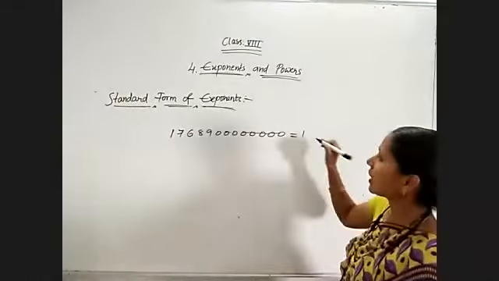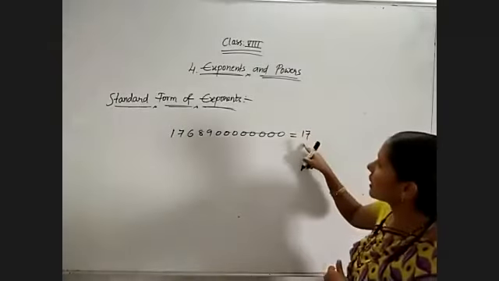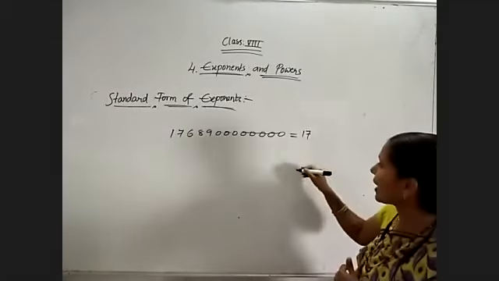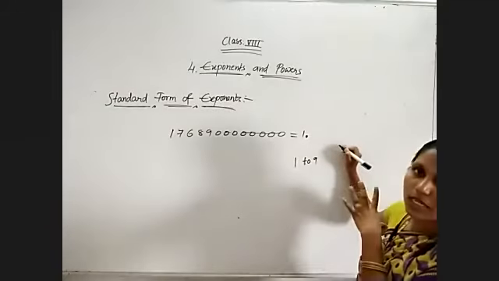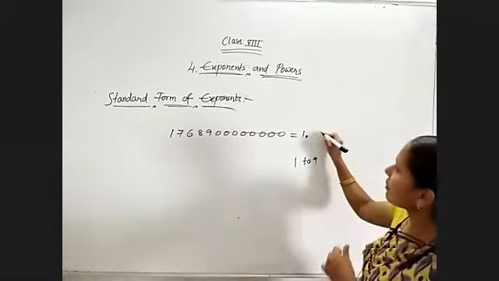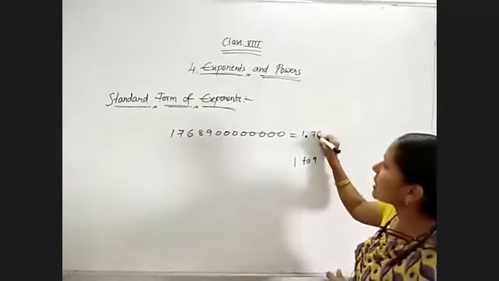Only 1, and after 1 digit we must place the point. If I take 2 digits, it will become 17 point, but as I told you, the decimal number must be between 1 to 9 itself. For that sake, only 1 digit. After the 1 digit, every number I have to consider as a decimal digit. So after that, 7, 6, 8, 9.